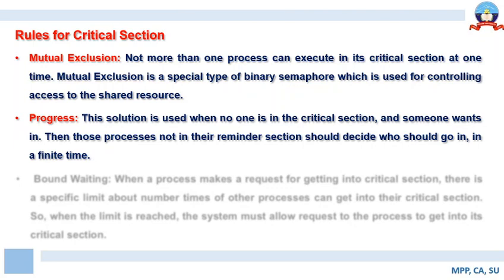So when none of the processes in a computer system is executing its critical section and all of them are desiring to enter into their critical section, then those processes that are not in their remainder section should decide on who should enter into the critical section within a finite time. So this is what progress implies.